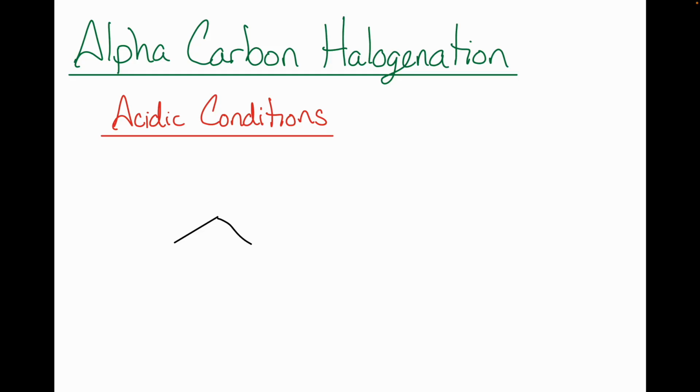First of all, what do we mean by alpha carbon halogenation? Let's take a ketone. We're going to put it in the presence of a halogen under acidic conditions, and we are going to halogenate that alpha carbon.